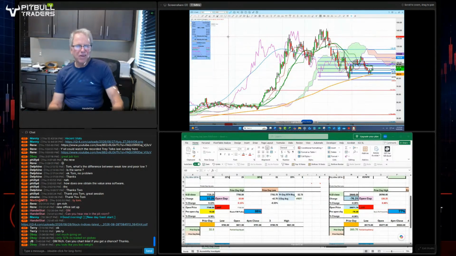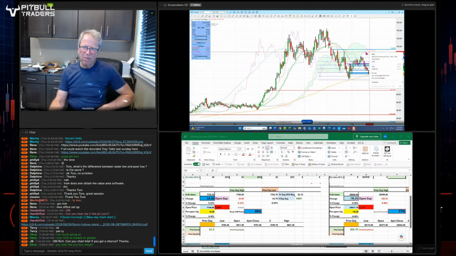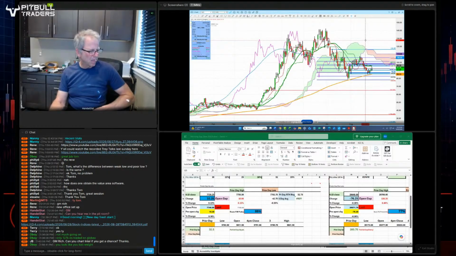I haven't done any chart work on it, but it's holding this big long-term average right here. As long as it doesn't dip back down below this 85.33 where that average is coming in, I think it's all good to roll. We'll probably get a bounce to go higher, but it may be a little while.